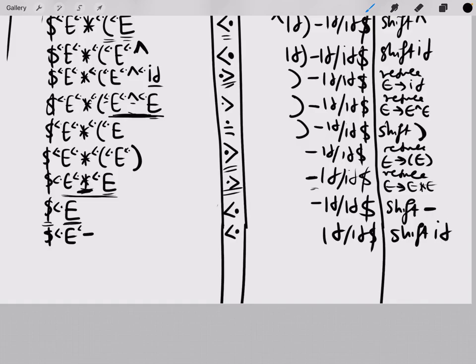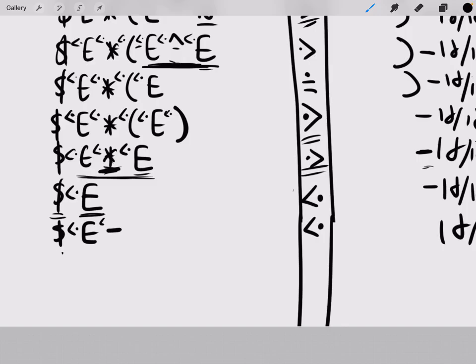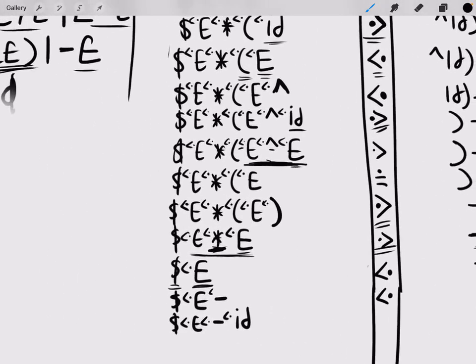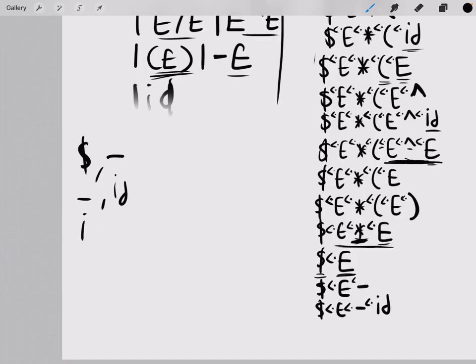So when we shift ID, what do we have? We have ID, we have divided by ID dollar sign. And what is more important? On the table, we have ID versus division.